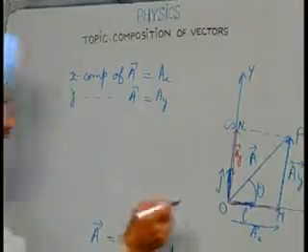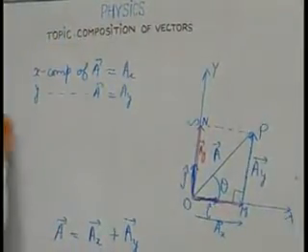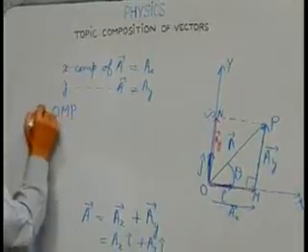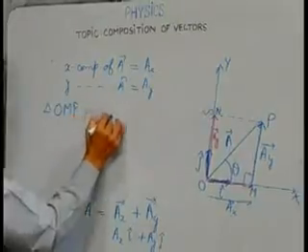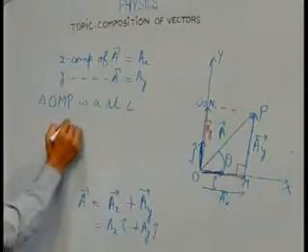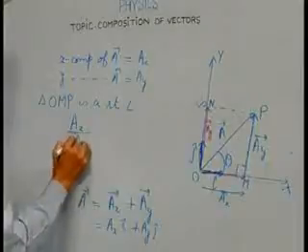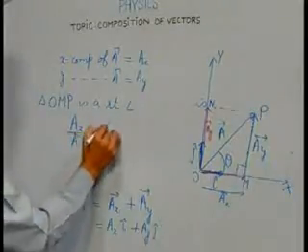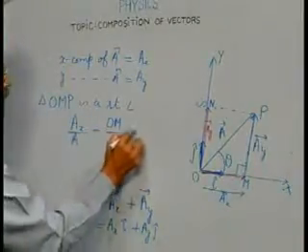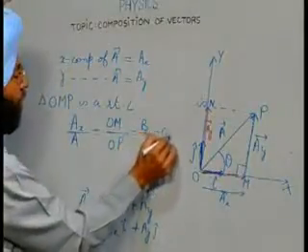Now, this angle is right angle. So, the triangle OMP is a right angled triangle. So, AX over A: AX is OM, base, over OP, hypotenuse. Base over hypotenuse is cos theta.